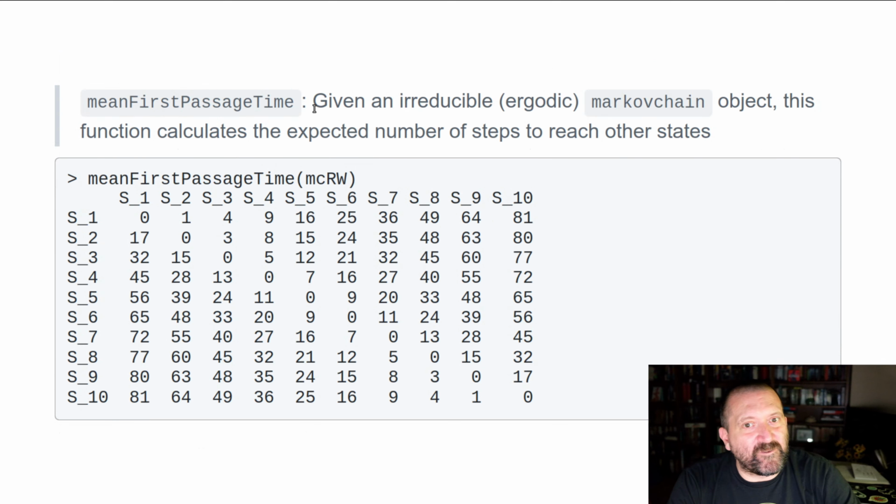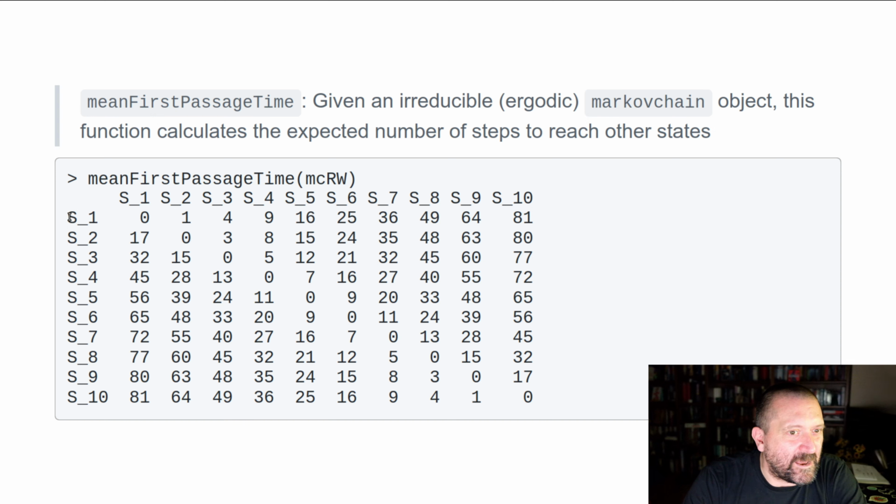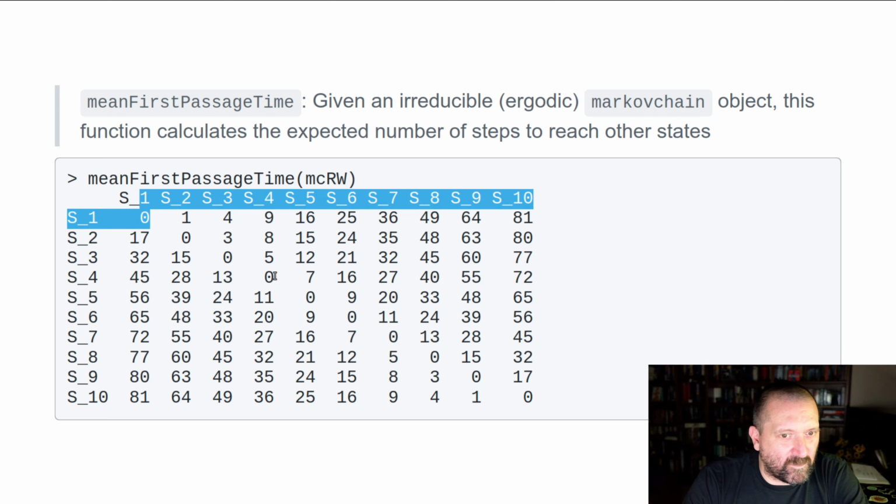The mean first passage time is an interesting measure. So suppose you have an irreducible regular Markov chain, the expected number of steps to reach other states. So if you start in S1, of course you look at all the other states, not just the diagonal.